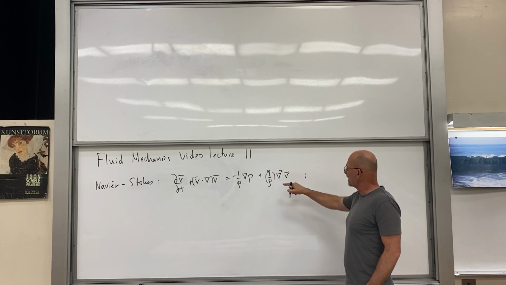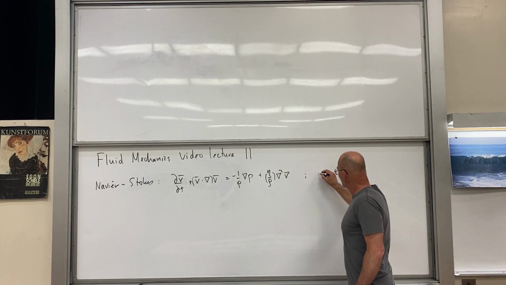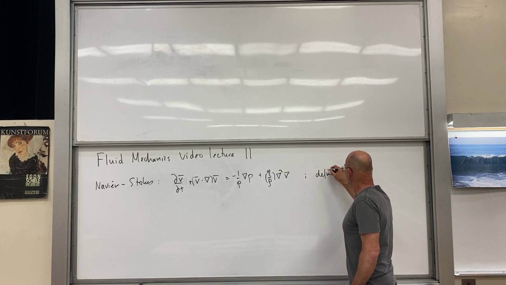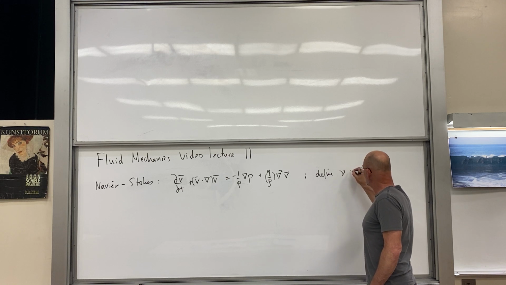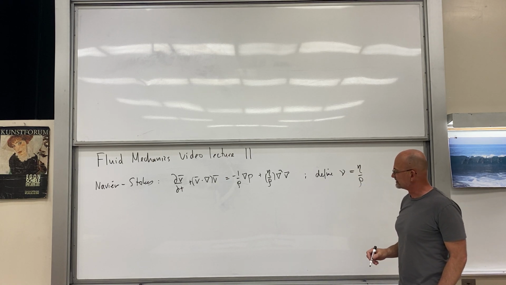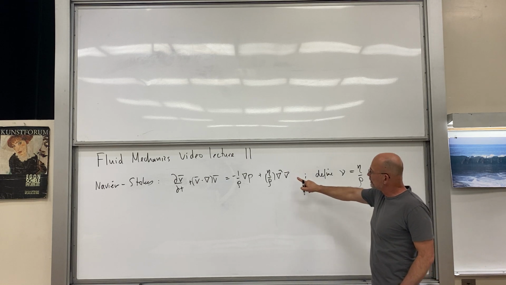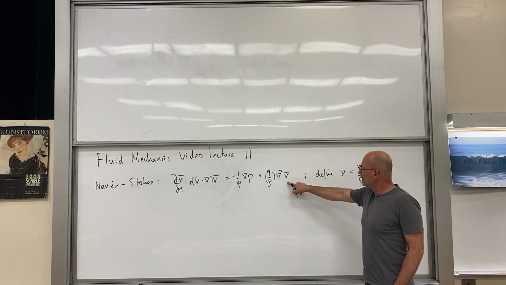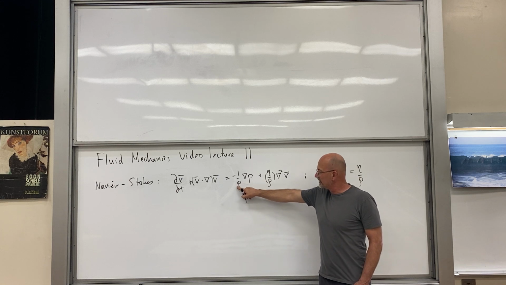And the first thing I'm going to introduce is to define the letter nu as this eta divided by rho. And also, strictly speaking, under these circumstances, we have assumed constant density.